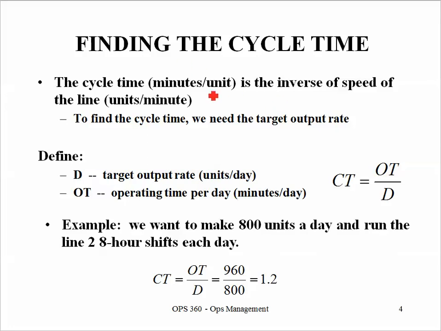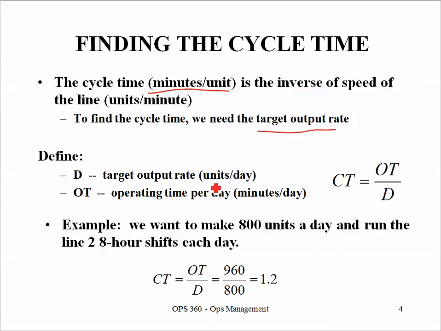Generally speaking, the cycle time is going to be determined by the target output rate. The cycle time is the minutes per unit I'm allocating for the parts to be on the line, and that's just the inverse of the speed of the line, which of course is stated in terms of units per minute. So I need a target output rate.